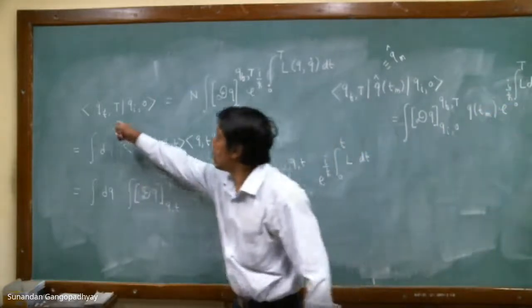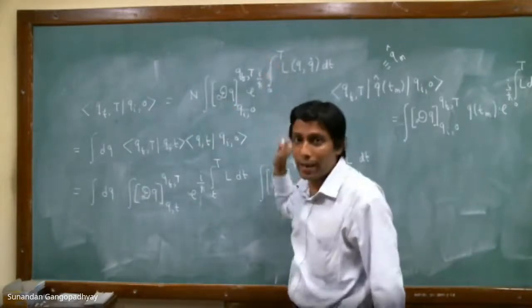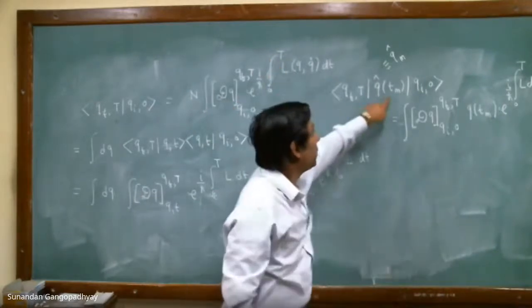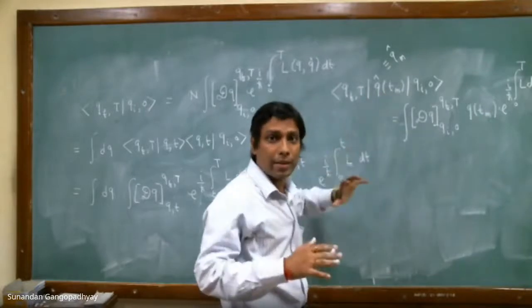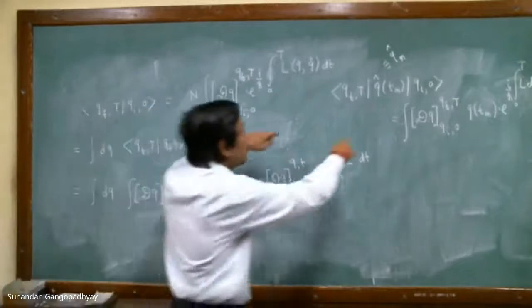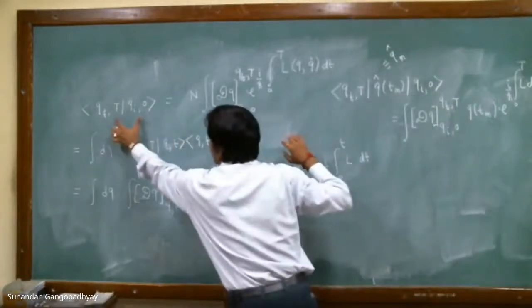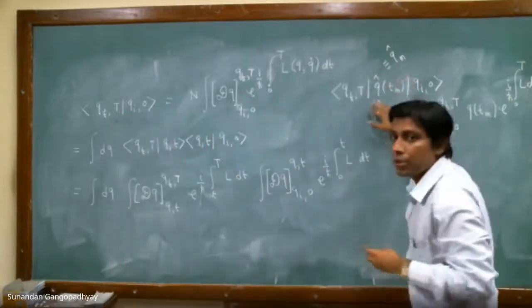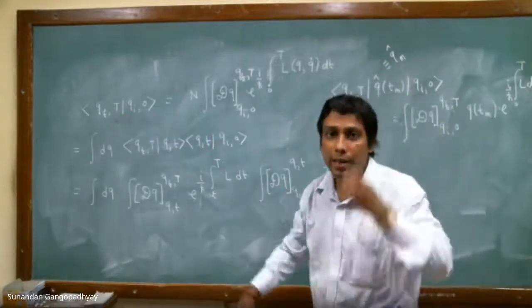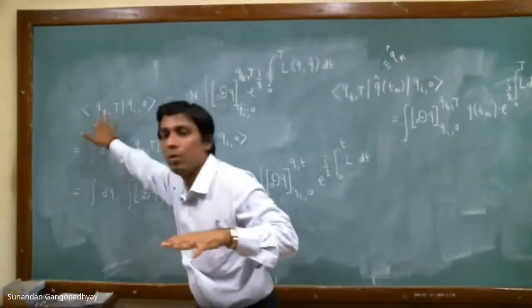So you see, this propagator was basically dq, e to the power of i by h bar action. But now, if you put in an operator and take its matrix element, the difference between this expression and this expression is the following. In this expression, there is no operator, and now in this expression, you have put in an operator inside, and you have sandwiched it between these two states, q_i at 0 and q_f at t.